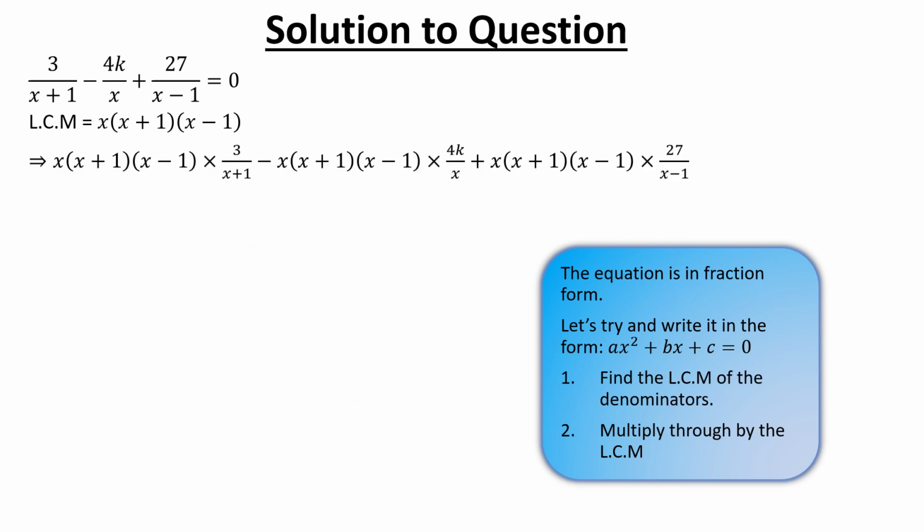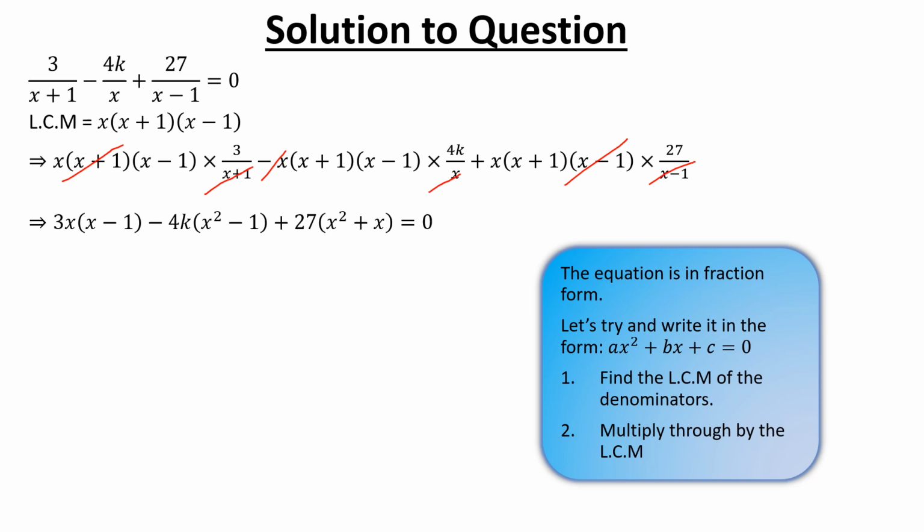So that's what we have here. So we start doing our cancellation. So x plus 1 will cancel this, x will cancel this, x minus 1 will cancel this. So it reduces to this: 3x times x minus 1, minus 4k times x squared minus 1, plus 27 times x squared plus x.